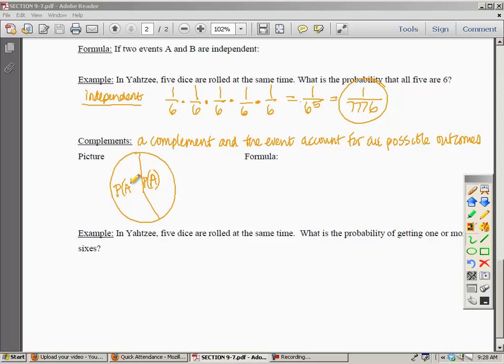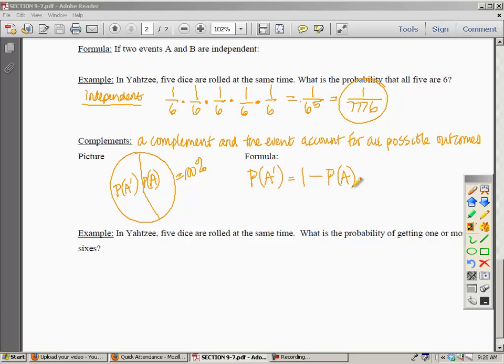We call it A prime. Together, these two add up to be 100%. So the probability of the complement is 1, or 100%, minus the probability that my original event occurred.